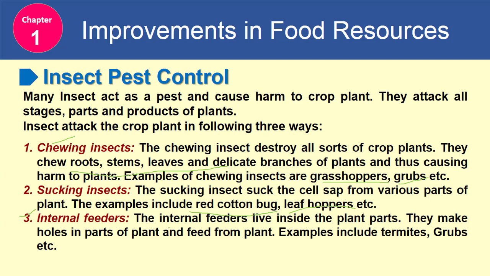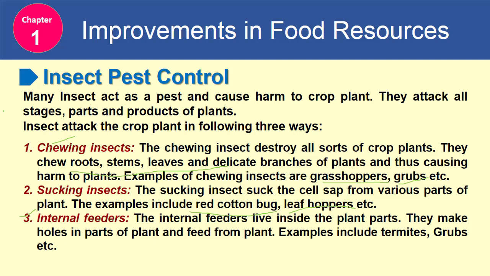The internal feeders live inside the plant parts, as derived by the name. They make holes in parts of plant and feed from them. Examples include termites, grubs, etc.